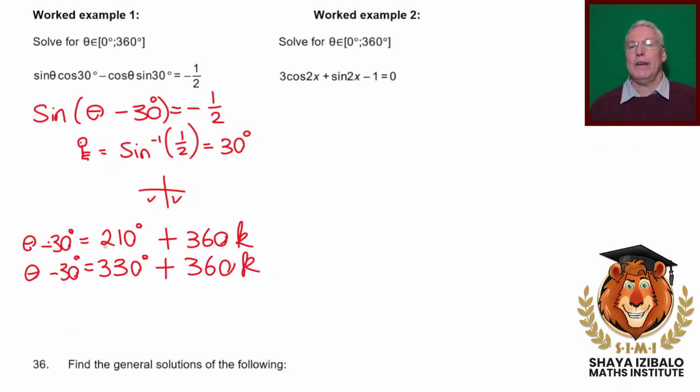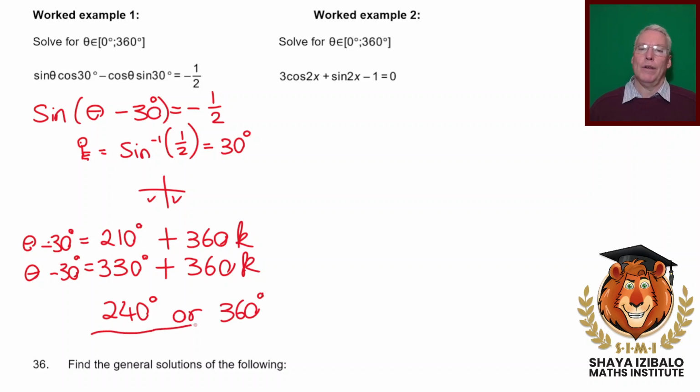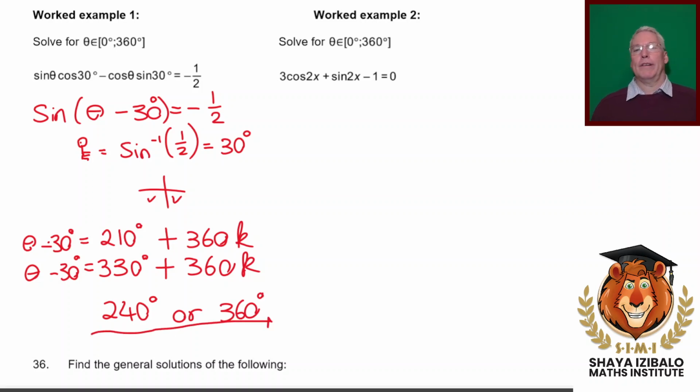So in fact, our only answers are going to be, if we add 30 to both sides, we're going to get 240 plus 360k, or 360 plus 360k. There are only two answers between 0 and 360, and we can see that because the period has not changed. So we're expecting two answers, and there they are. Right, can we check them? Yeah, we could put them into a calculator and check them.